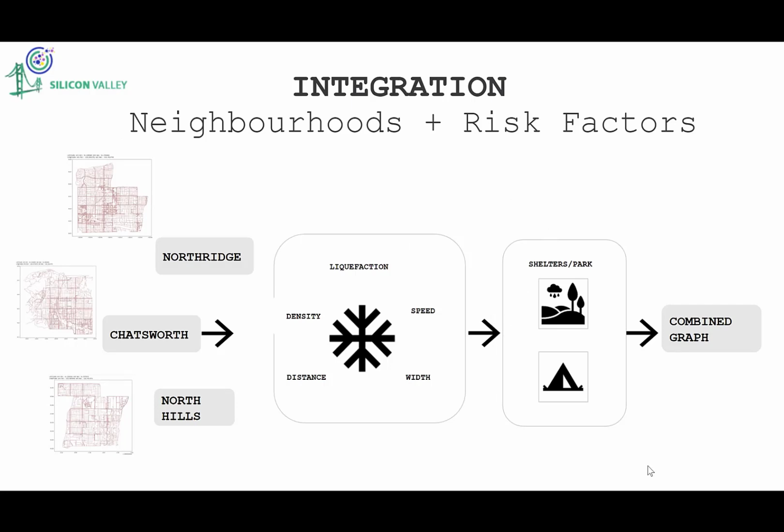And then the last thing in the integration step is to tag special nodes as evacuation nodes. And the evacuation node is of the type shelter or park. And once that data is assembled, it is now available in a combined graph with the nodes, with all the risk factors on the edges, and available for all 3 neighborhoods.